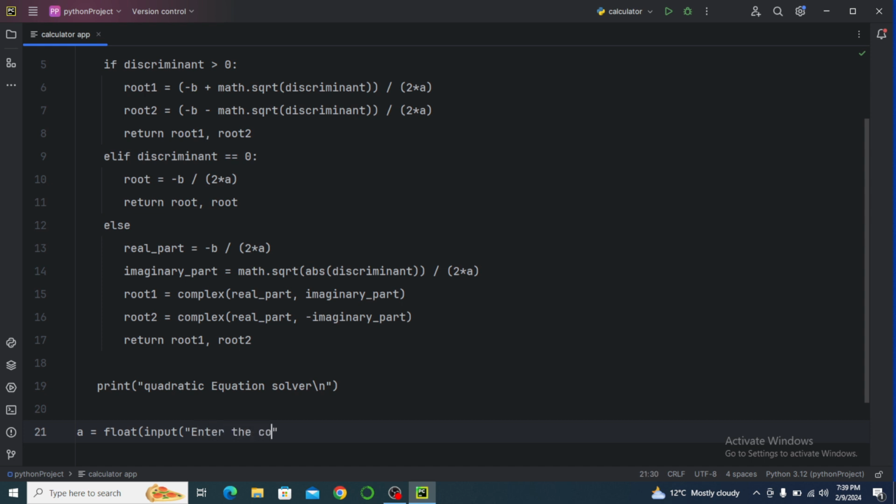That's x to the power 2. How do we write this?